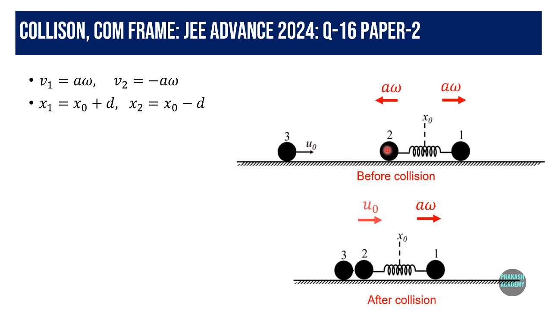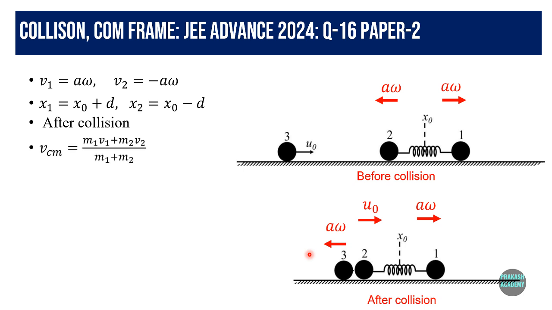So, this means now this particle will have a velocity of u naught and this will be interchanged to this. This means now 3 will have a speed of a omega in this direction. So, velocity got interchanged. So, after collision I can find what is the velocity of center of mass.